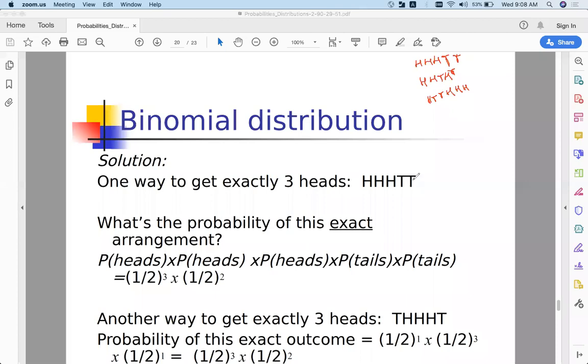So generally, what we do is figure out the total size of the sample space. Can anyone tell me what the sample space is here? Is it 15? 25?